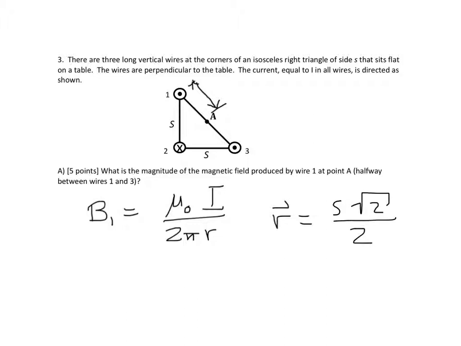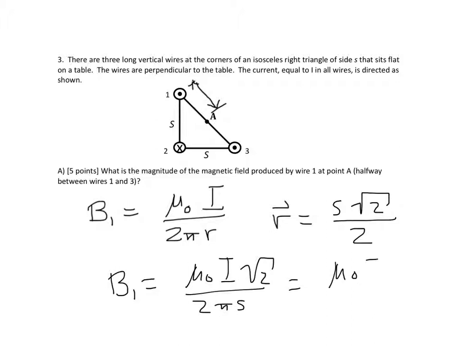So it's the square root of 2 over 2. So we can stick that in there, and we just get mu naught I, the square root of 2 over 2 pi s. This can also be written as mu naught I over s pi, the square root of 2.